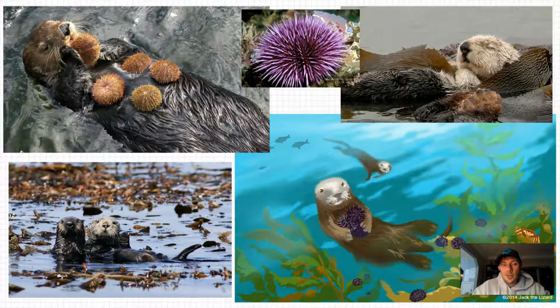And by keeping the sea urchin population in check, it keeps the sea urchins from growing too numerous to where they basically overgraze and eat and destroy all the kelp forest. So what you usually find in association with the healthy sea otter population is a healthy kelp forest, because by limiting the number of sea urchins, it promotes the growth and the flourishing of the kelp beds. And so in Alaska, you have these extensive kelp beds. Off the Olympic coast, you have these extensive kelp beds.